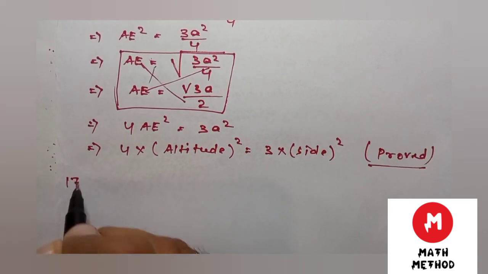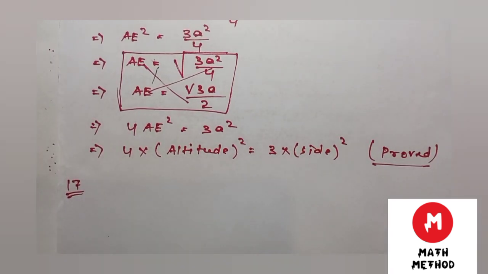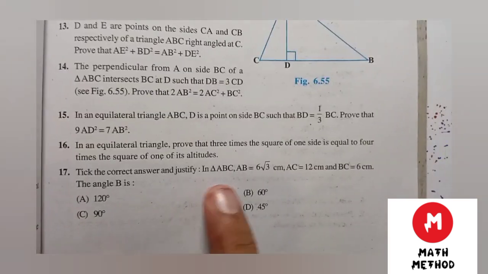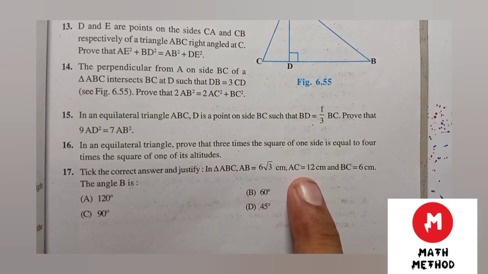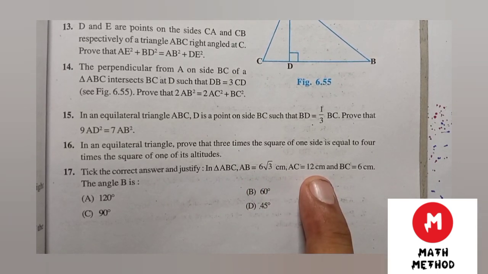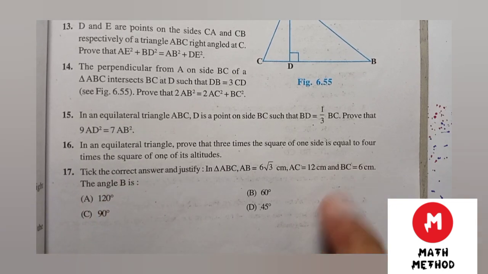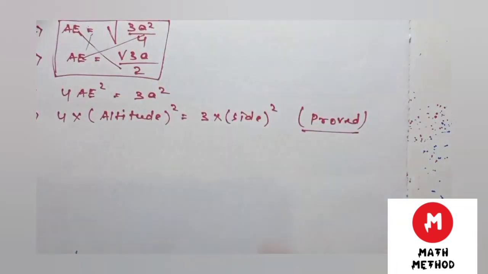Now question number 17. In question number 17, choose the correct answer and justify. In triangle ABC, AB is equal to 6 root 3 cm, AC is equal to 12 cm, BC is equal to 6 cm. Therefore the angle B will be. So there is no need of a figure.